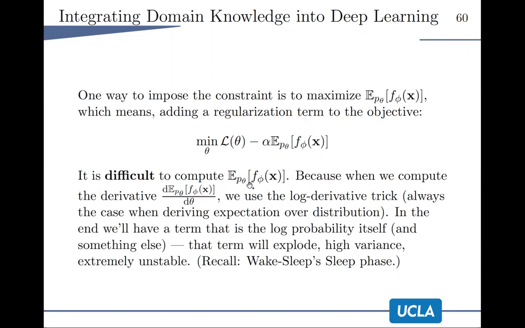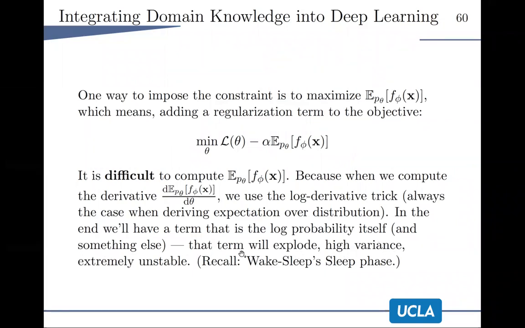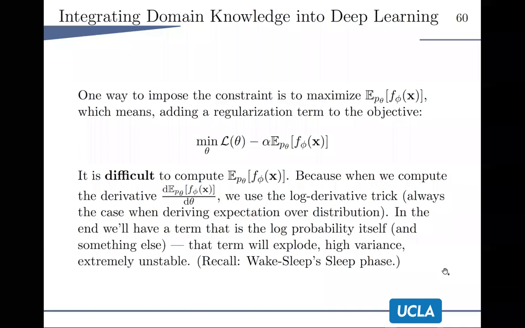When we compute this, we use the log derivative trick, and in the end there becomes a log probability itself, and of course something else, and that term, I will point it out in the previous slides, will easily explode. It has very high variance and it's extremely unstable. You can go back to the wake-sleep phase to have a second look at it.